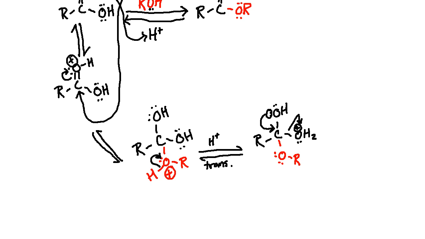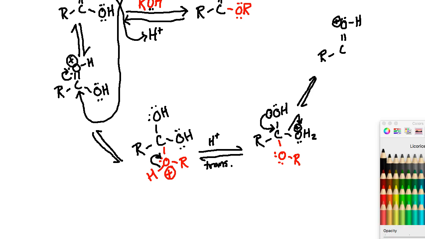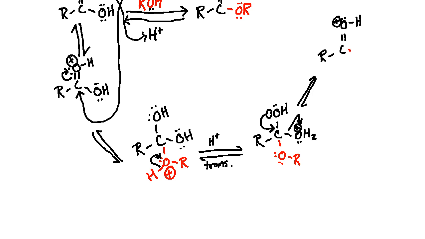So you're going back to that activated carbonyl type of complex. So what we end up with here, okay, is we've now got R, you've got C, the double bond O has the H, similar to how we started. And we now have the OR group. So we're real close to the ester at this point.